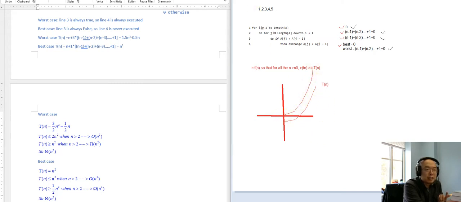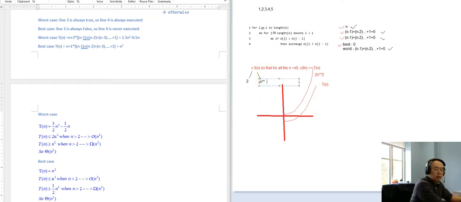So this curve is going to be 2n squared. Okay, so in this case, if I say the curve 2n squared is always higher than T(n), what is the c? So c is going to be 2. And what is f(n)? f(n) is going to be a polynomial of n, and in this case, it is n squared.